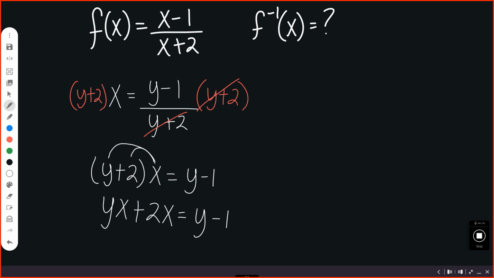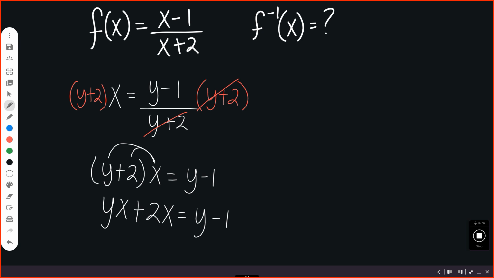Now let's move stuff around. Let's get the y's together. Now I have a negative 1 here on the right side. Before I move this yx to that side, let's move that negative 1 so that we can isolate the y.